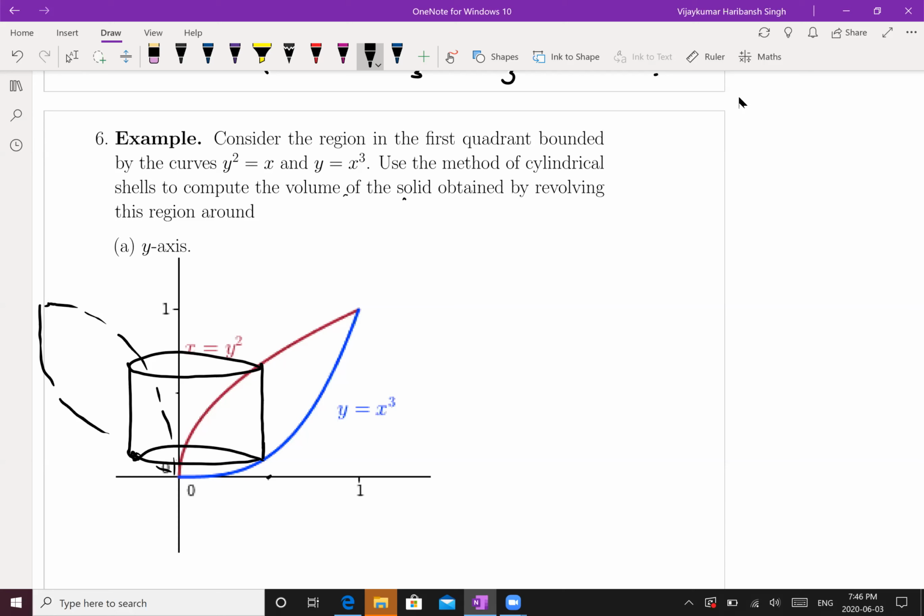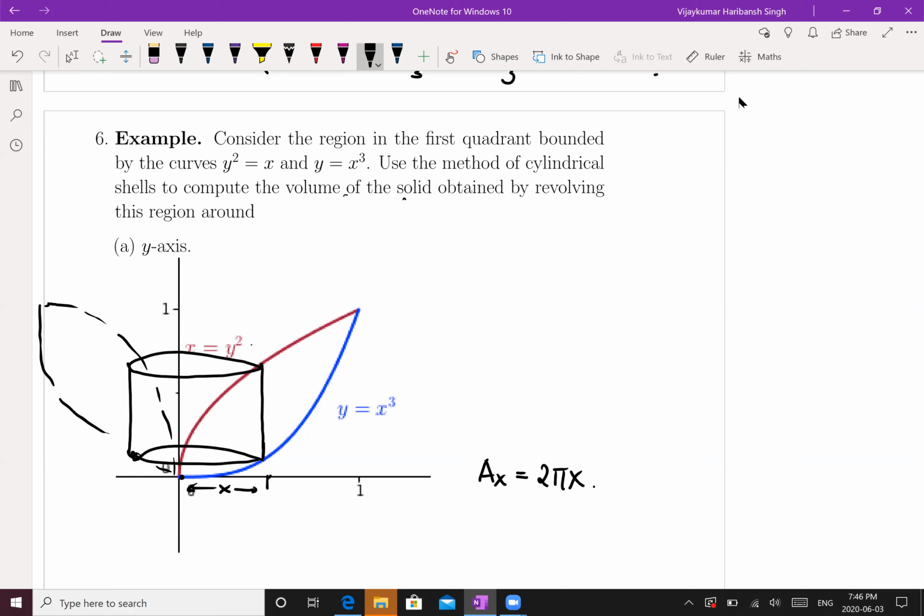Okay, so this is how your typical cylinder will look. So again, you have to find the base radius, which is x. So A of x is going to be 2 pi x times f of x. But now you don't have the total height. You have the top height minus the bottom height.